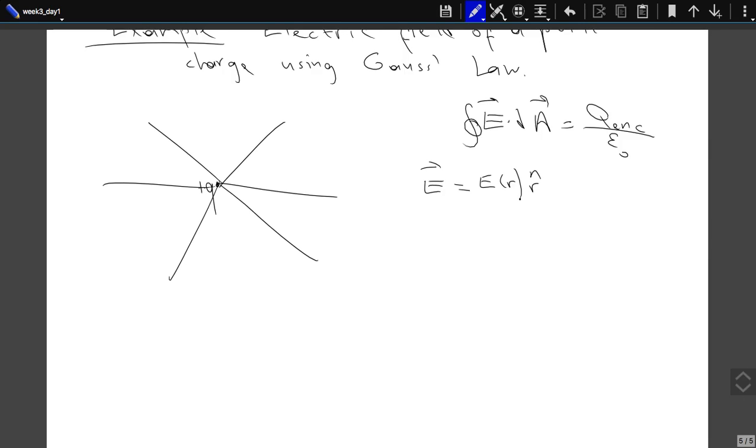That's kind of easy to evaluate. Now, the point is, on which surface does the electric field have the same magnitude? Since the magnitude depends only on R, if you choose a surface for which R is constant, the magnitude is constant. So that is why for a point charge, we use a spherical Gauss surface.